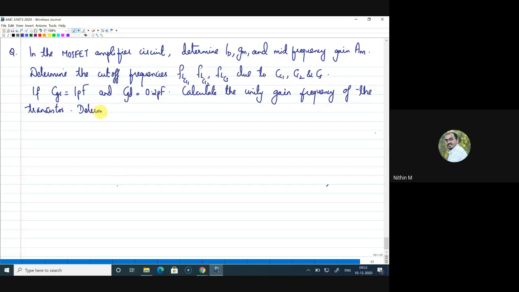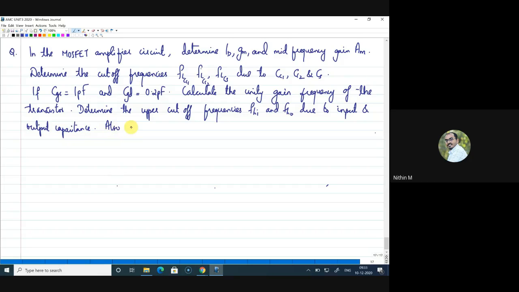Also determine the upper cutoff frequencies, I'll write them as FHI and FHO, due to input and output capacitance. One more component is to also obtain the 3 dB bandwidth of the amplifier.